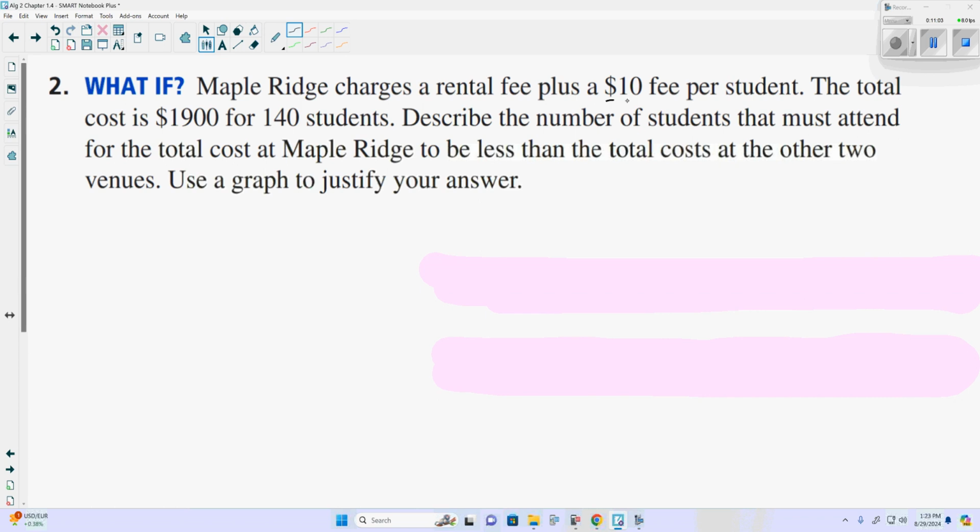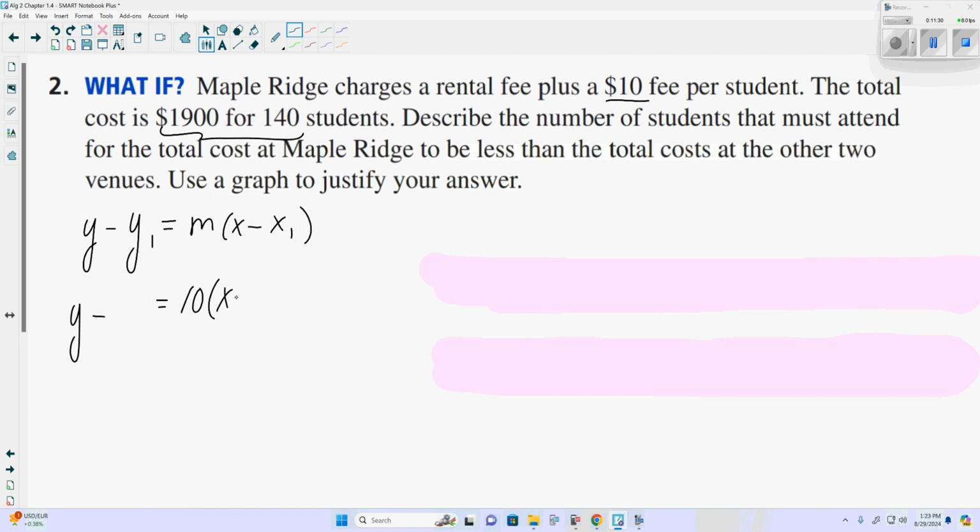Well, they told us the slope. The slope is 10. Okay? And luckily, they did give us a point. So if we're looking at Maple View, we can use slope-intercept form, or slope point form.